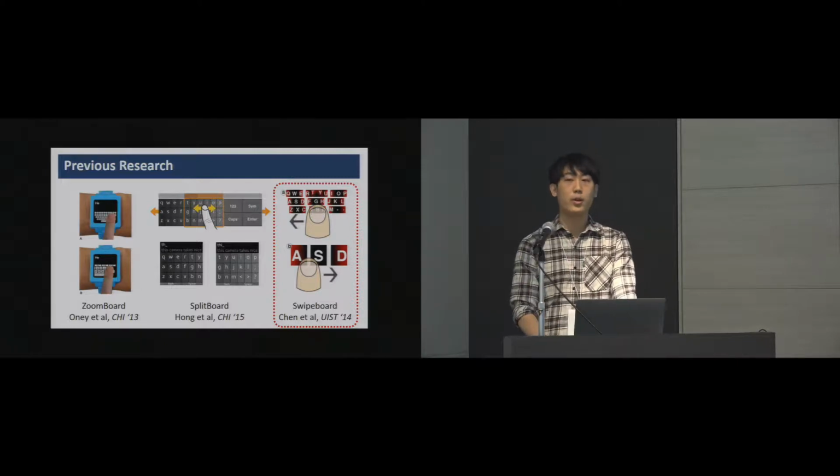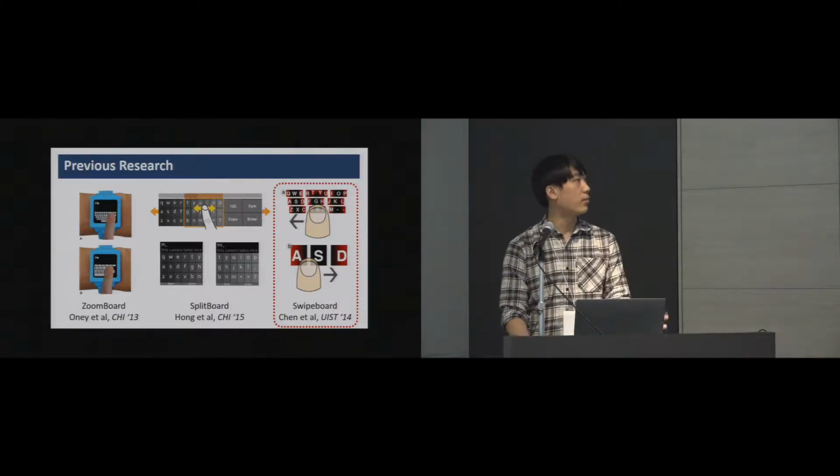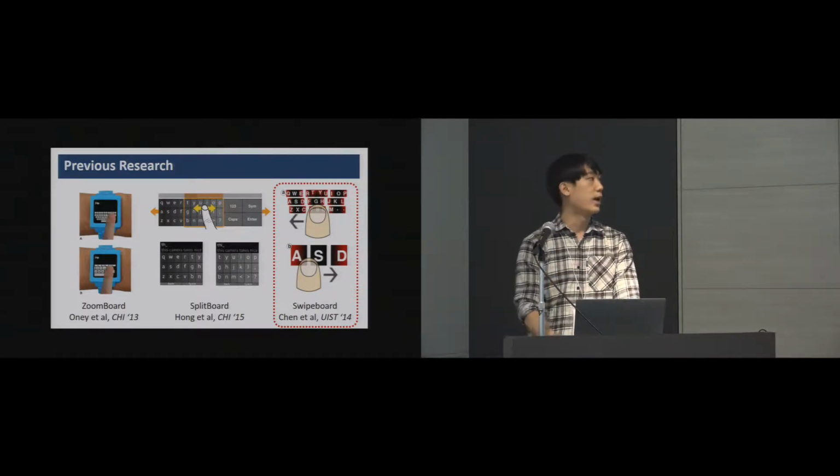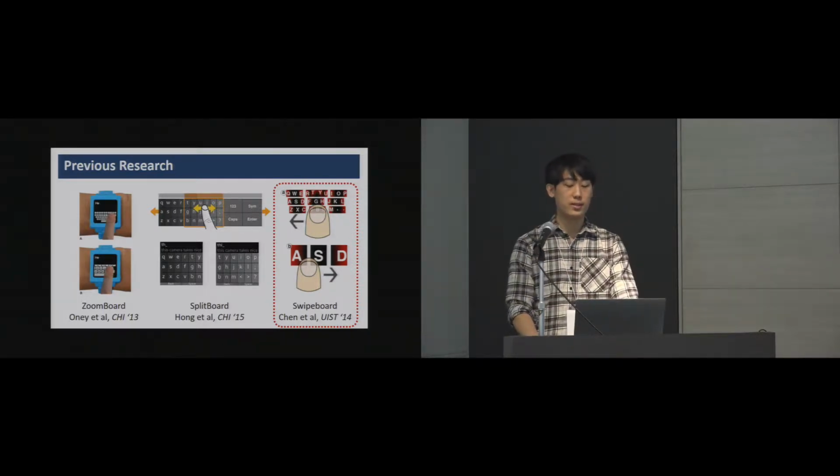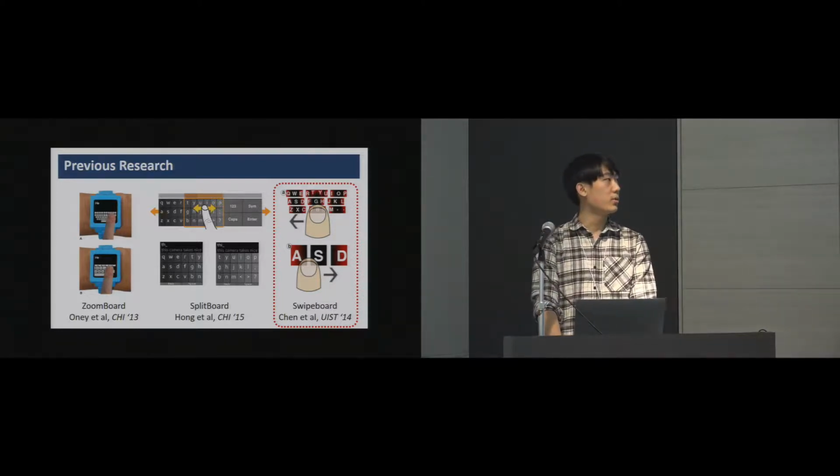On the SwipeBoard, the user can choose one of the 9 parts of the keyboard by the first swipe gesture and choose the letter by the second swipe gesture. These studies were able to increase the key size of the QWERTY layout, but made the user go through several steps to enter a single letter.